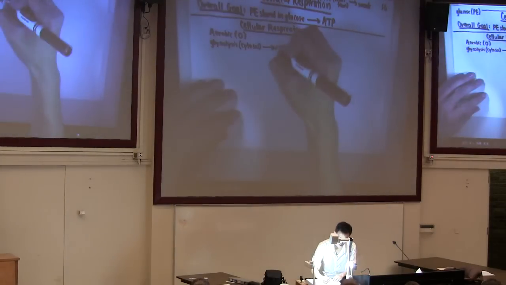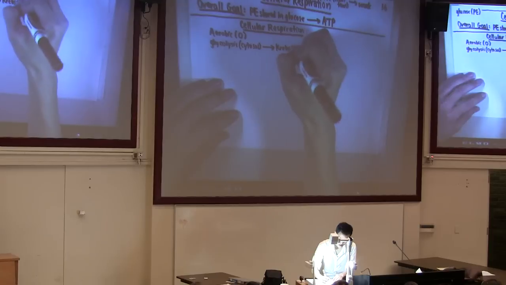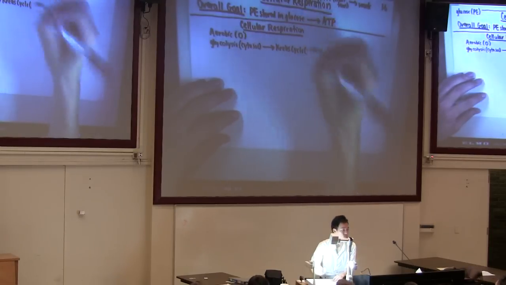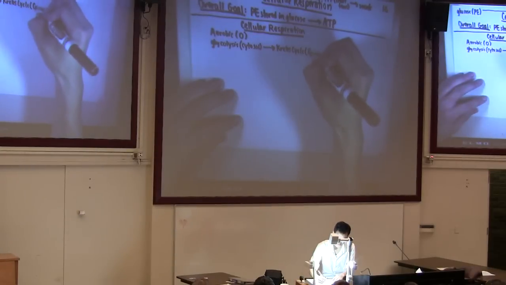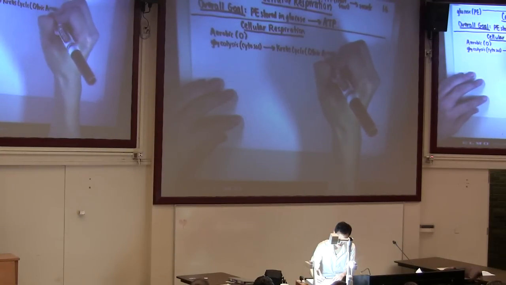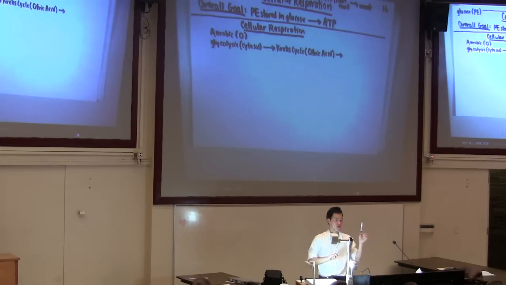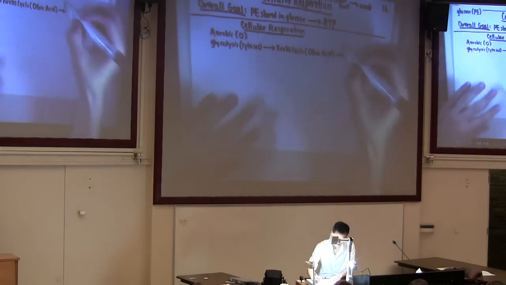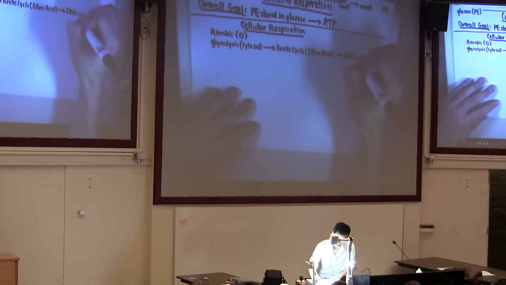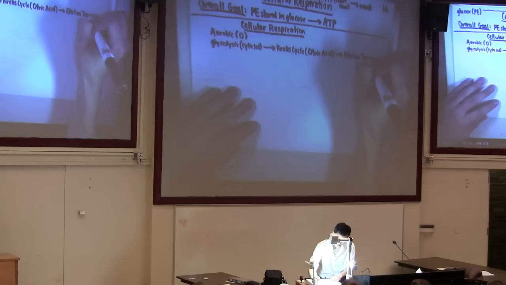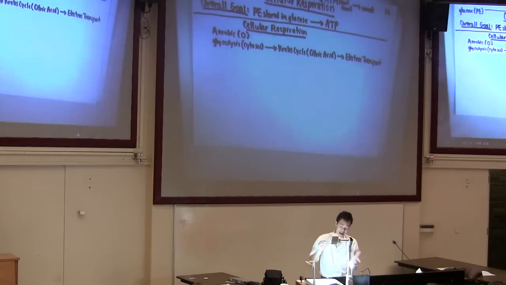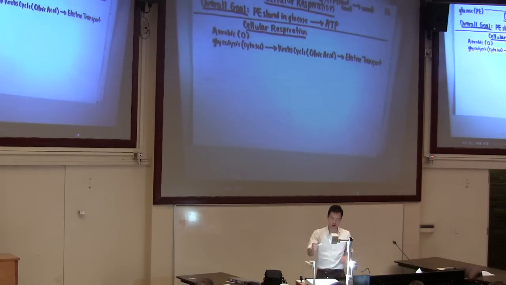The Krebs cycle, which is also known as what? Citric acid cycle. Then you move on to what? Electron transport or electron flow. Right, so that's if you have oxygen.